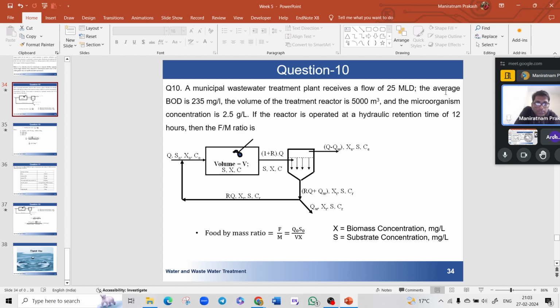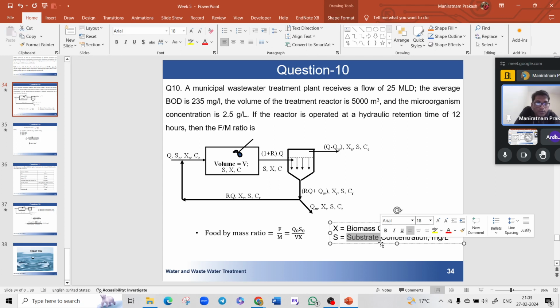So remember, this is BOD, and what did I tell you? This BOD represents organic matter, and organic matter is denoted by substrate present in the wastewater, and that is denoted by S. Yes, sir, you told us there are four different terms used for the same thing. For average BOD, sometimes they will write average BOD, sometimes they will write substrate, sometimes they will write organic loading.